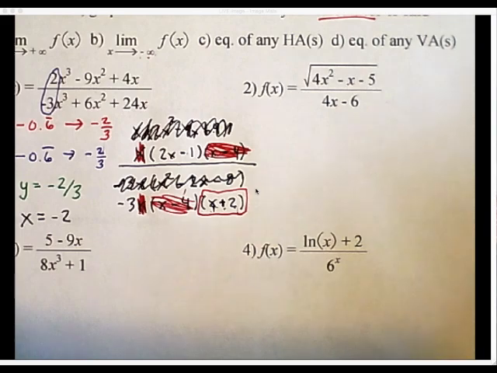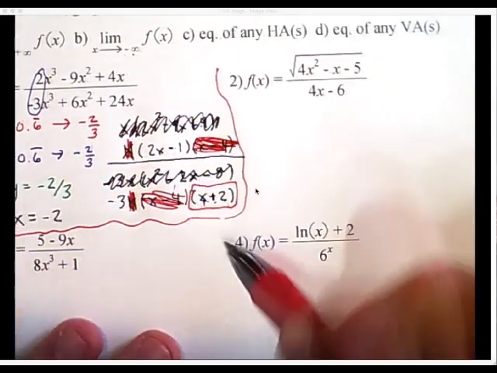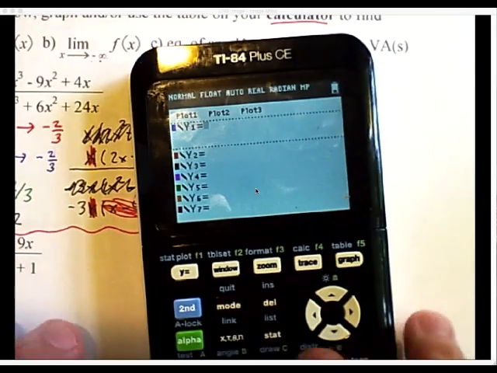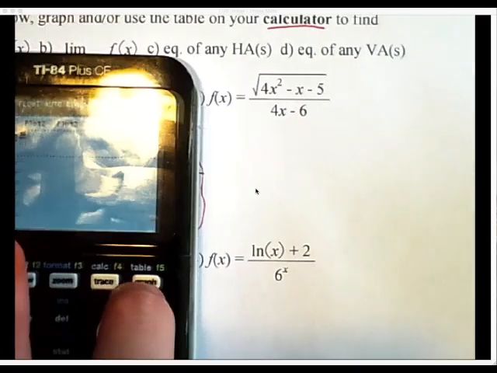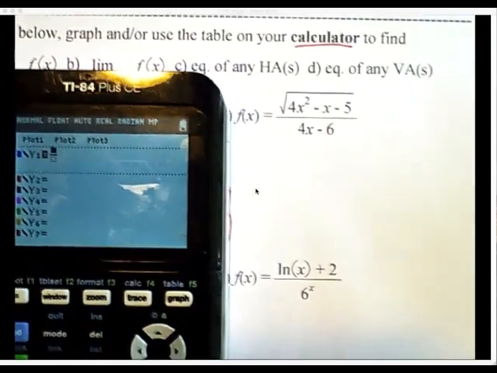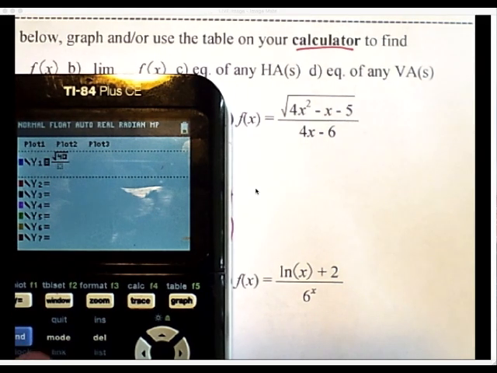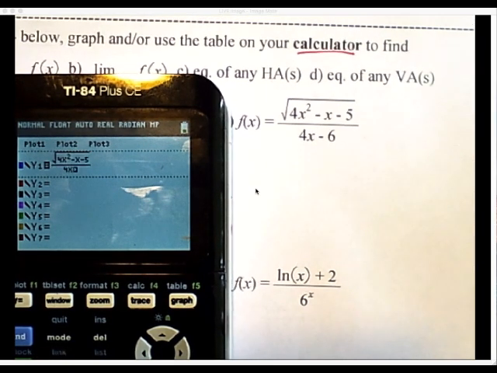So let's try number 2. So I'm going to clear this. I'm going to make a fraction. So square root 4x squared minus x minus 5 all over 4x minus 6.